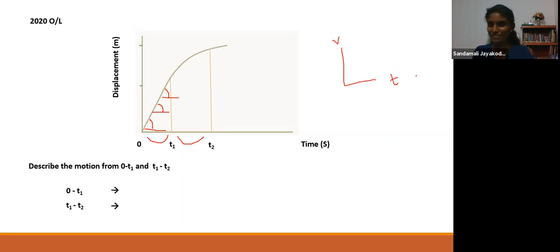It may be an acceleration if it is a velocity time graph, but here it is a displacement time graph. What is given by its gradient? Meters divided by seconds. Displacement divided by time.